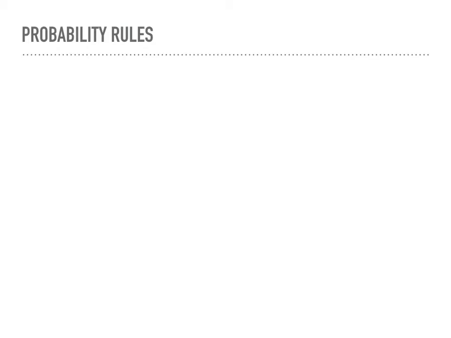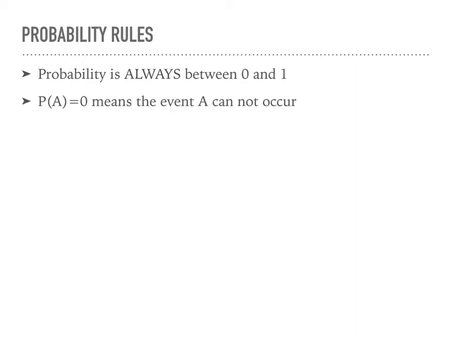Let's discuss some basic probability rules that will help us as we move forward this chapter and beyond. First, probability is always between 0 and 1. When a probability equals 0, that means it cannot occur. So P of A equals 0 means the probability of event A is equal to 0, which means event A cannot occur.